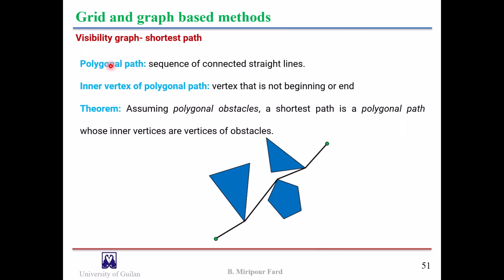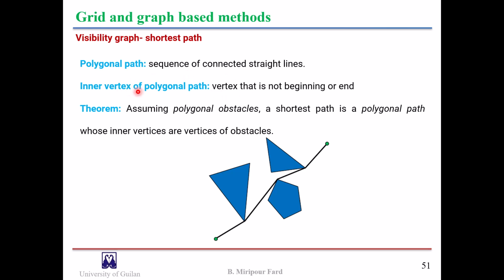Here is a theorem about shortest paths. The proof of this theorem can be done easily, and you can see it in the literature. Let's state this theorem. First, two simple definitions. Polygonal path, which is a sequence of connected straight lines, and inner vertex of polygonal path, a vertex that is not the beginning or the end.